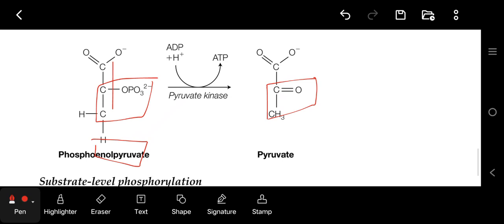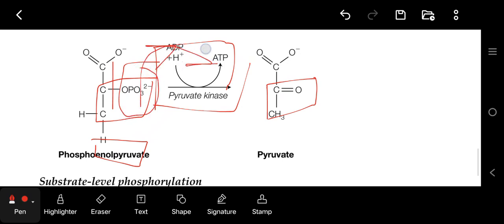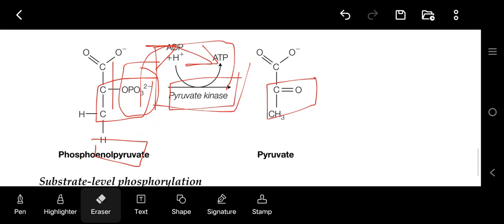That energy is also making this compound a high energy compound. So that energy is going to be used to make ATP from ADP, and this phosphate is added to this ADP, and ATP is produced. Also notice that this reaction is irreversible.